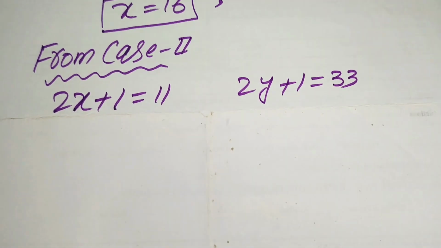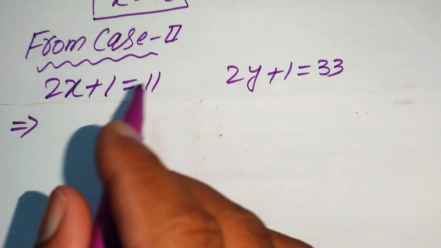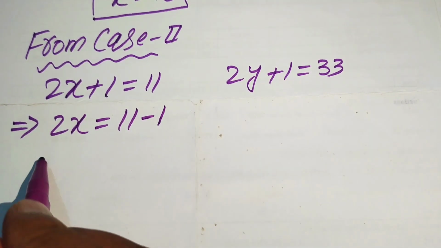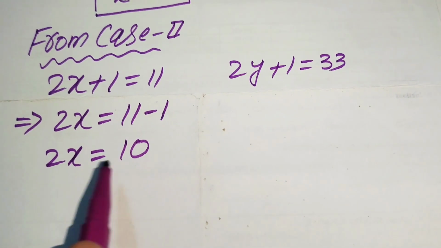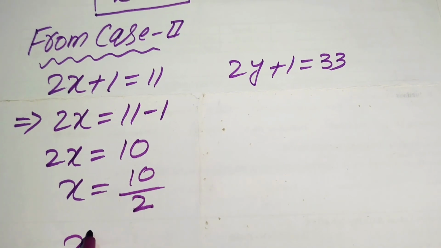These are the two equations in case number 2. We move this 1 to the right hand side and get 2x equals 11 minus 1, so 2x equals 10. We move this 2 to the right hand side and it becomes 10 over 2, and we get the value of x is 5.